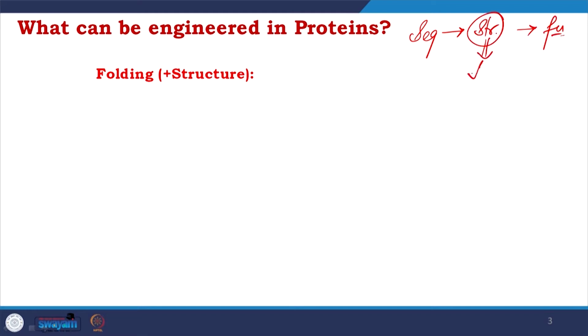Structure means folding, and that is why I wrote folding plus structure. As I told from the beginning of the course, knowing the fold would help us. Now you will understand. So one thing we will definitely look for is thermodynamic stability.